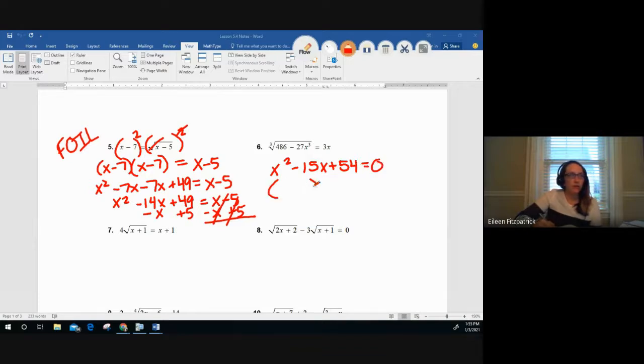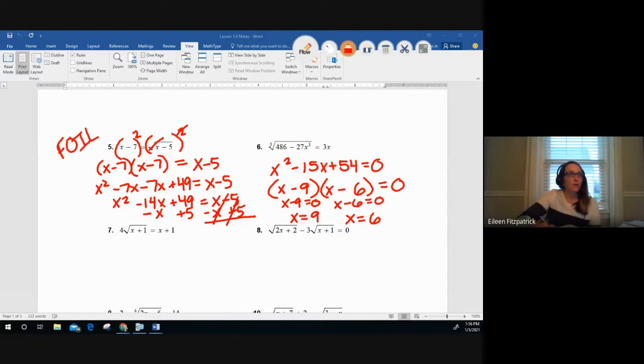From here, I try to factor. I'm trying to come up with two numbers that multiply to a positive 54 and add to a negative 15. So that's going to be a negative 9 and a negative 6. I set each factor equal to 0, so x minus 9 equals 0, x minus 6 equals 0, and I solve for x. So I have x is equal to 9 and x is equal to 6.